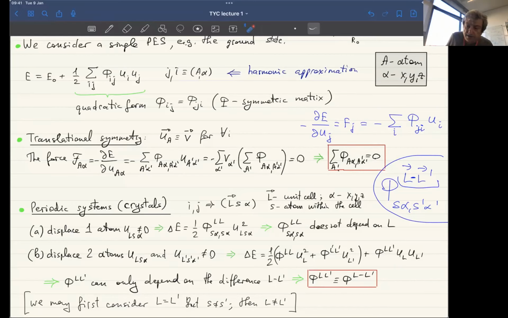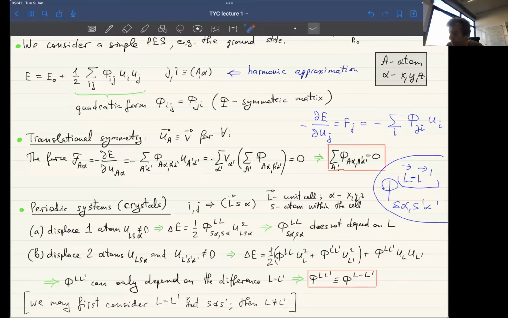What I'm going to show you now is that the force constant matrix depends only on the difference of these two vectors. The force constant matrix has two indices, i and j.